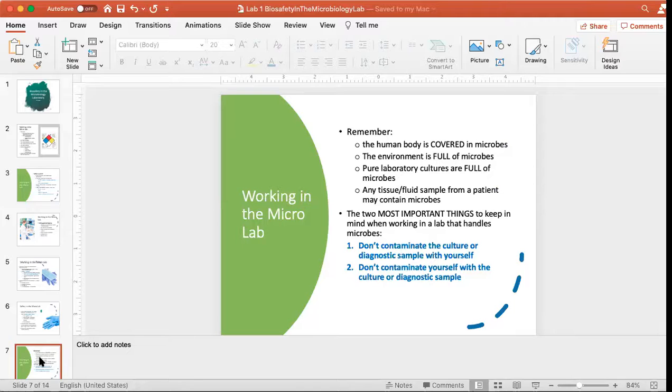Your mouth, your nose, your throat, your intestine, all of you, you are coated in a layer of microbes. And that's a good thing because the vast majority of microbes are actually helpful to you. They keep you healthy and they keep you safe.